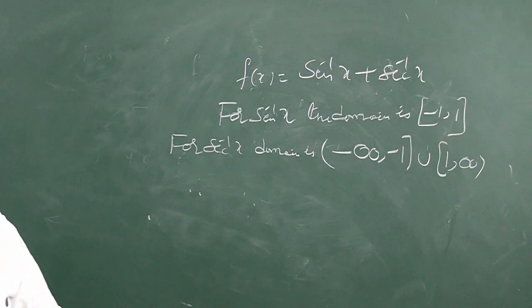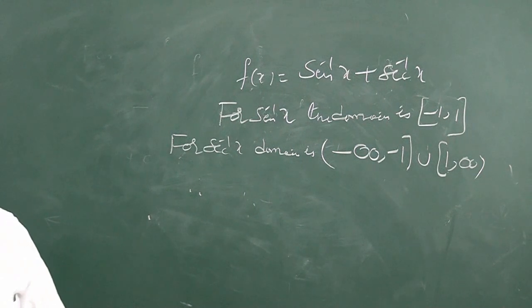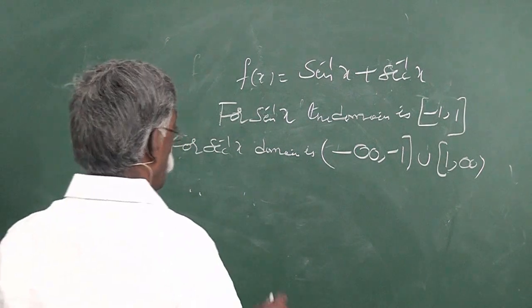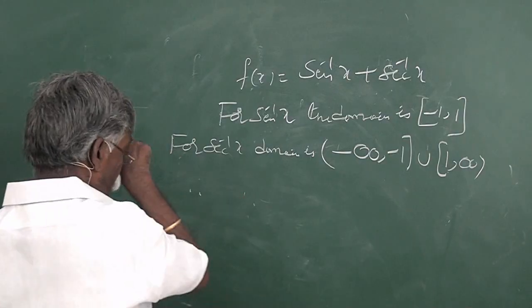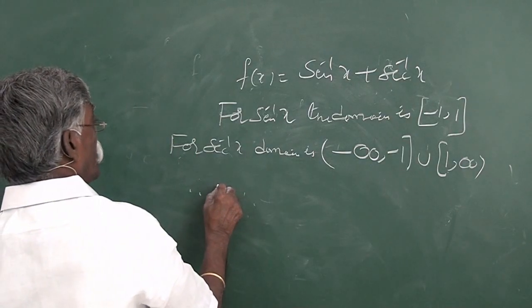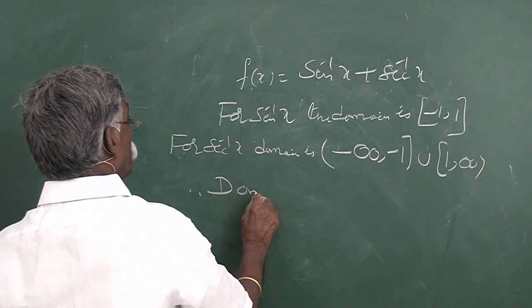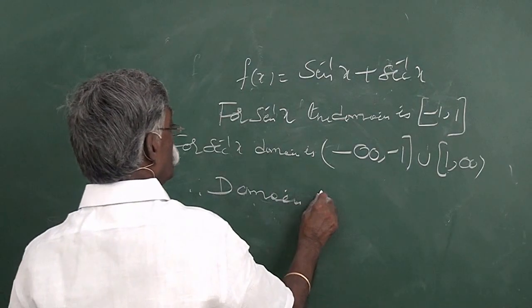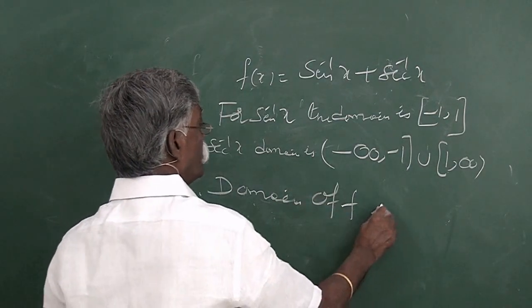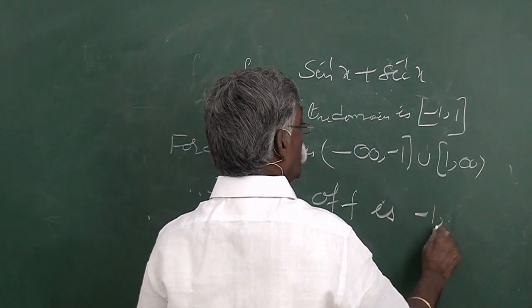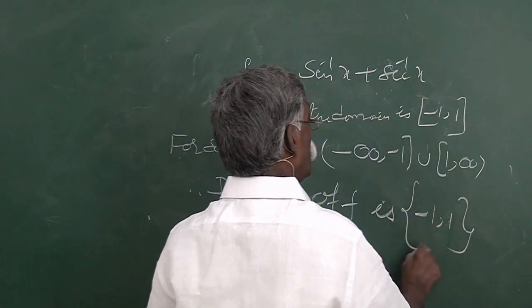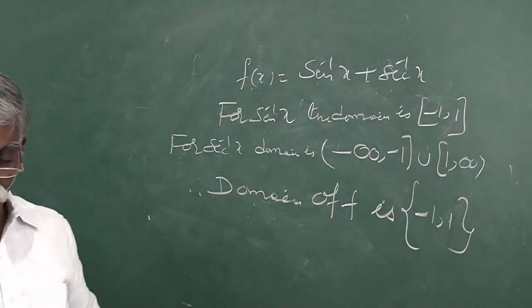So, the common domain is the domain of f. Therefore, it is very clear that the domain of f is minus 1 and 1, only these two values.